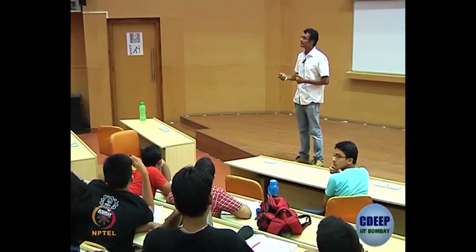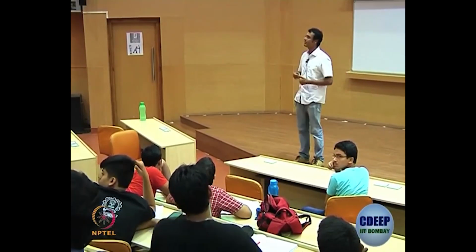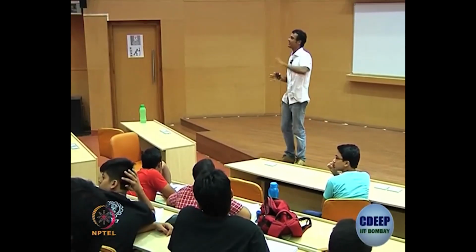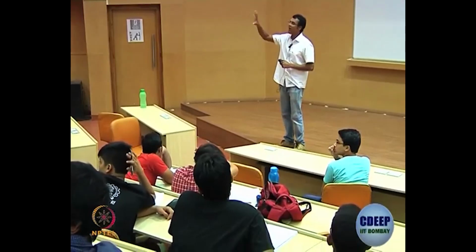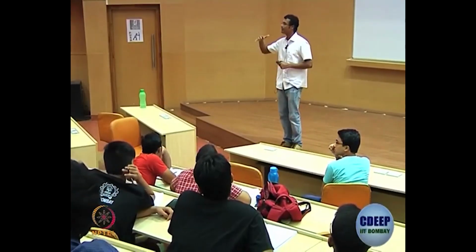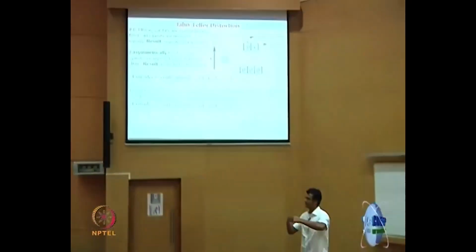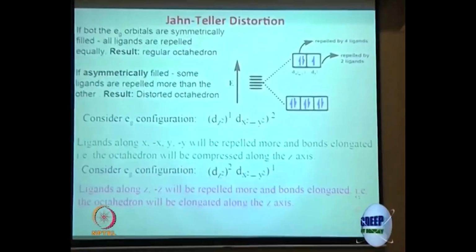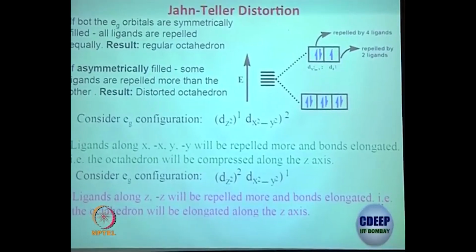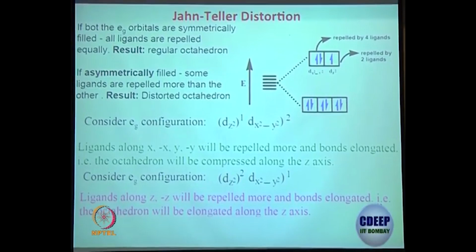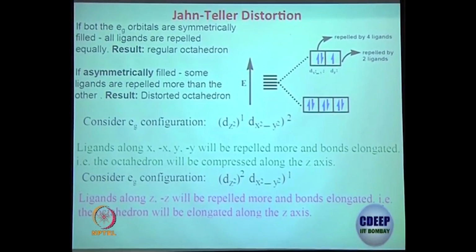Not in all the cases, but when it is unsymmetrically filled, then it is becoming a problem. See, 4 scenarios are there. Eg orbital. Why is the Eg orbital getting perturbed, why not T2G? Because those are the ones, you can see, which are on the outside. Splitting-wise, those are the ones facing the maximum ligand repulsion, right? In Eg, 4 configurations are there: Eg1, Eg2, Eg3, Eg4.